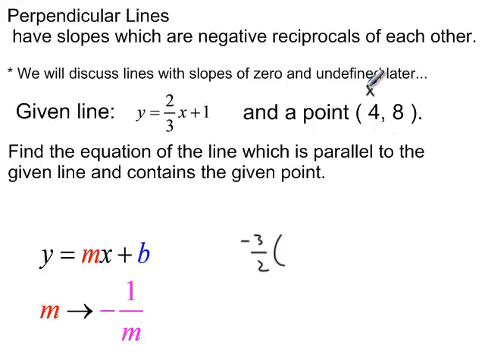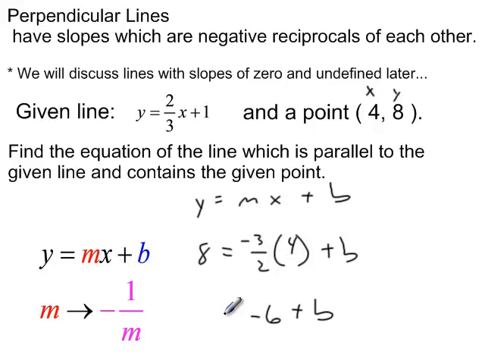This is your x, this is your y. So your x is 4, your y is 8, plus b. Y equals mx plus b. That's where I'm getting all this from. So let's see. 2 into 4 is 2 times the negative 3. You get negative 6 plus the b, and 8's over here. Add the 6 to both sides. 14 is equal to b.